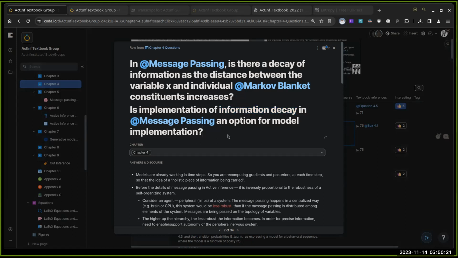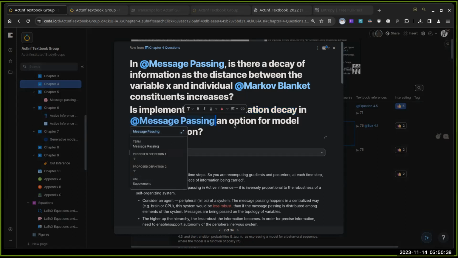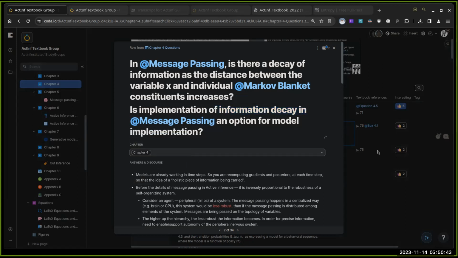But ironically or interestingly, you might want to execute a rigorous message passing schedule to model information decay on a Bayes graph. However, you wouldn't want there to be information decay in the message passing. You'd want the message passing to accurately describe the information decay of the Bayes graph.